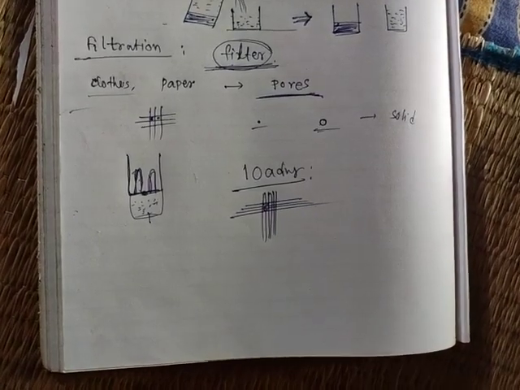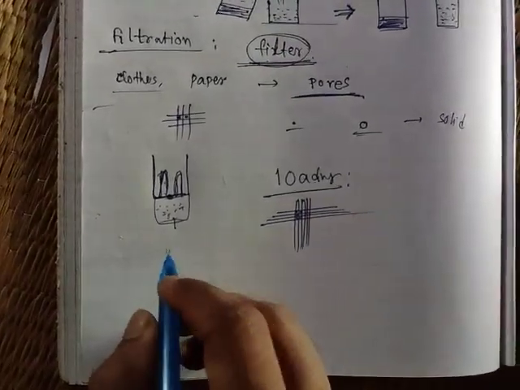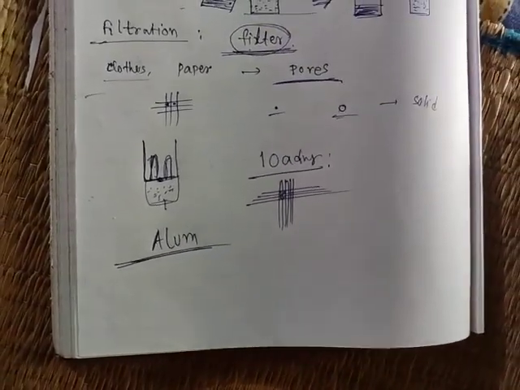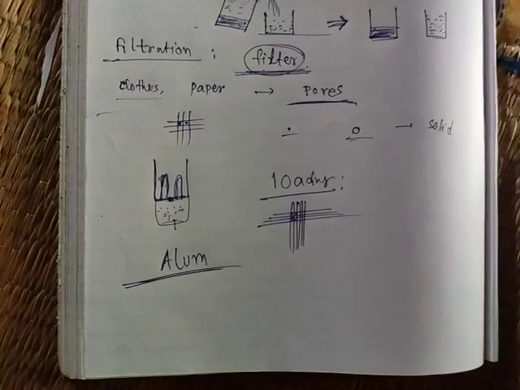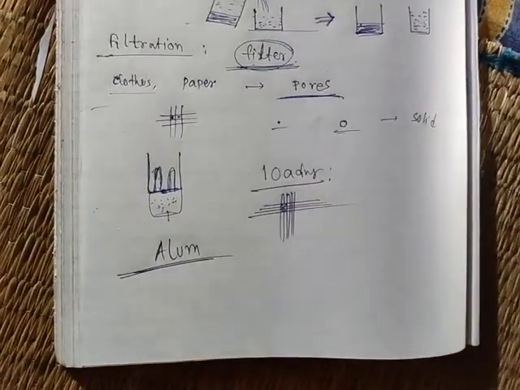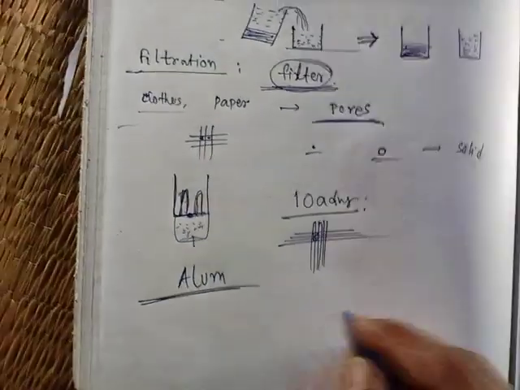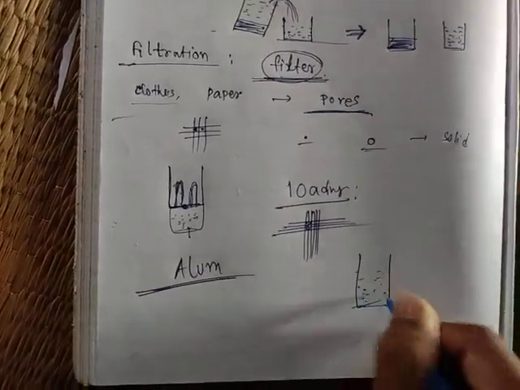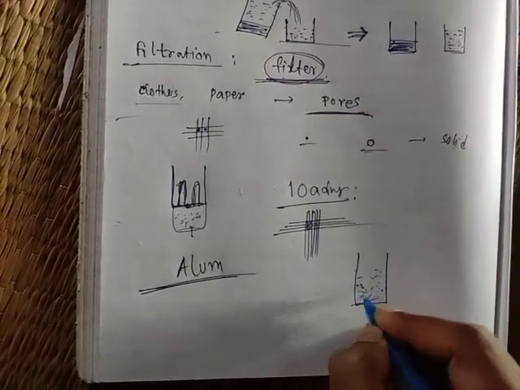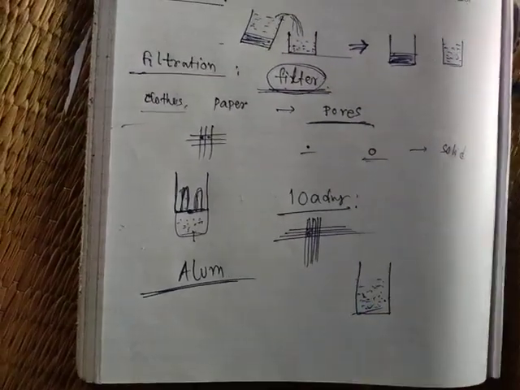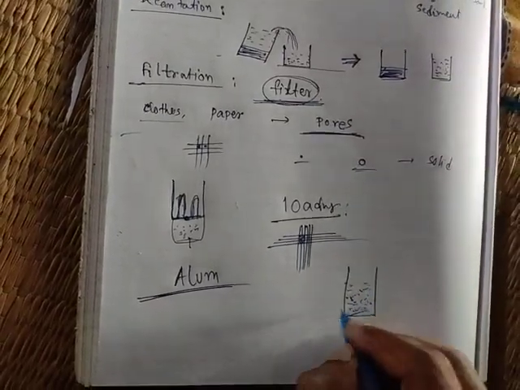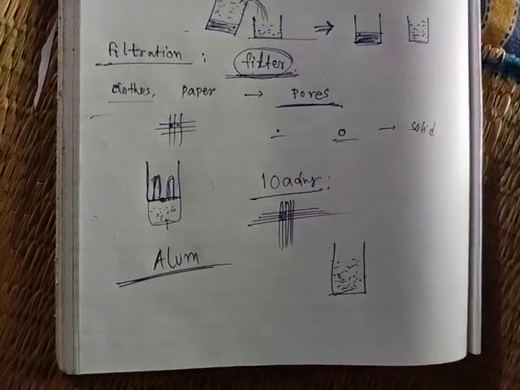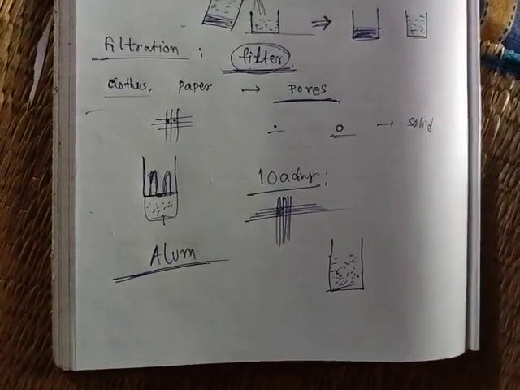So what is loading? In this process we use alum. So we add the alum into water. Suppose this is a mixture containing insoluble solids and water, and remember the size of the solids is very small or teeny.